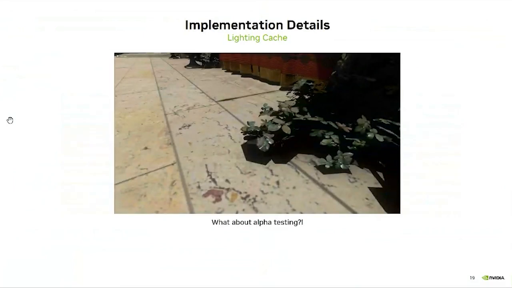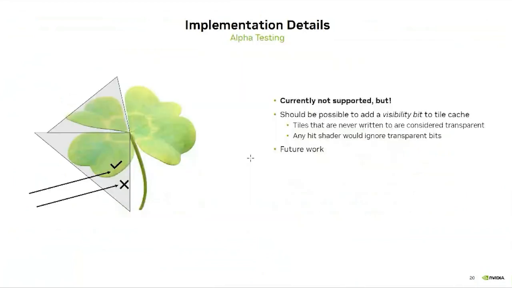Now, one of the last things about LightingCache I want to talk about is people ask, what about alpha testing? As you can see, we didn't solve it in the SDK at the moment, but it should be quite straightforward to implement. So the idea is that everything that hasn't been seen yet, so the tile cache starts empty, and then when you walk around, you discover what should be in it.